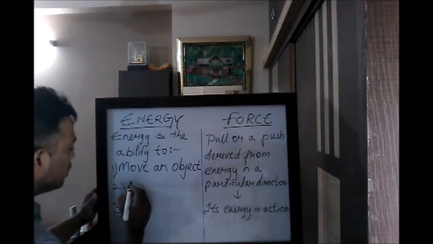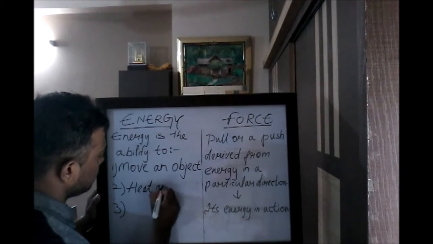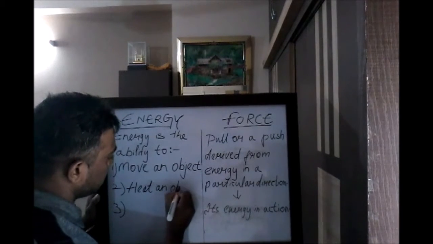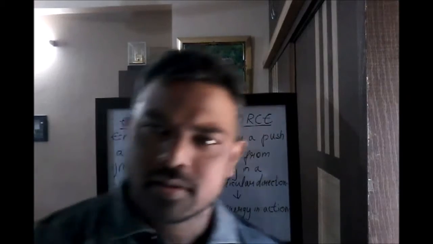This is going to modify our definition of energy. Number 1, energy is the ability to move an object. Number 2 is the ability to heat an object. What else? Now watch what happens to this plastic ball.